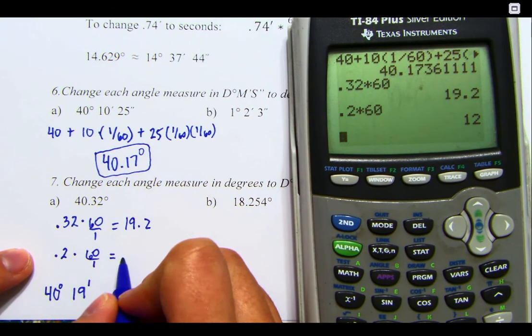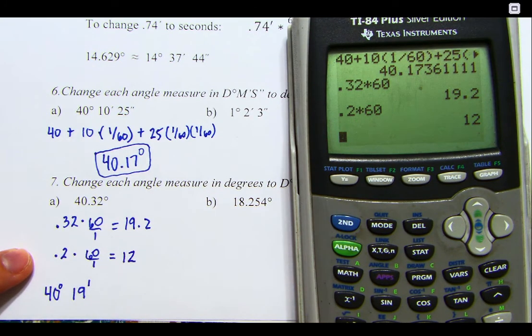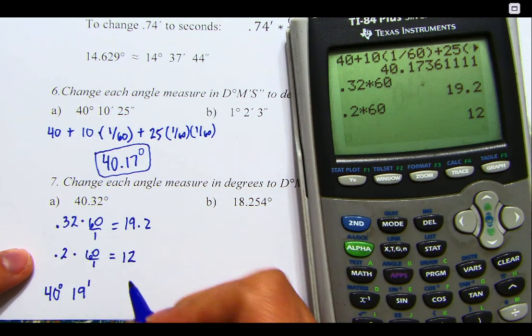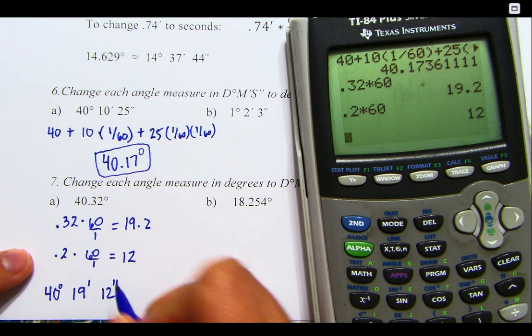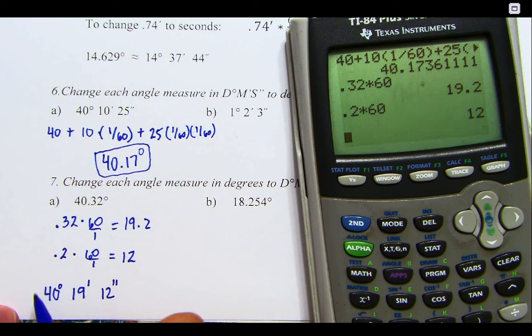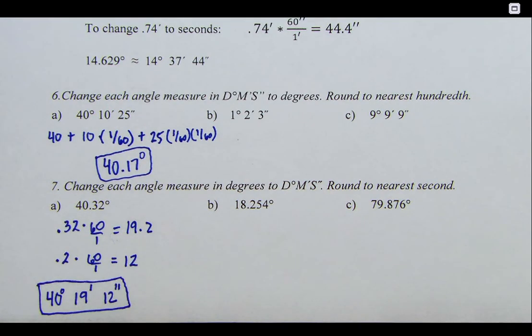And if you get a decimal here, again, we're just going to round it to the nearest whole number for that part. Okay. So then that's going to be the seconds. So 12, and then I need 2 of those little dashes. So 40 degrees, 19 minutes, 12 seconds would be our final answer for this one. Okay. And that is going to conclude section 2.